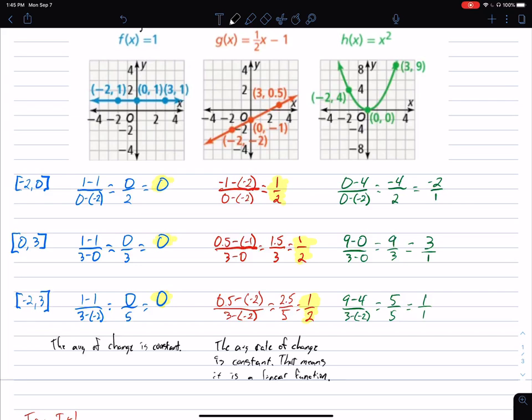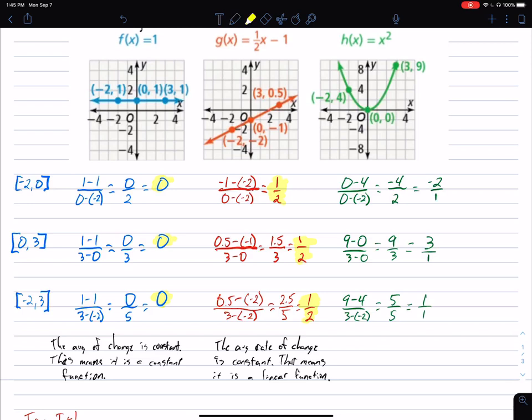And that can be repeated for the blue one here. So that's going to be a linear function. So the average rate of change is constant. So let's rephrase that. The first one is a constant function. So we're saying it's linear. So constant function and linear function tie in.